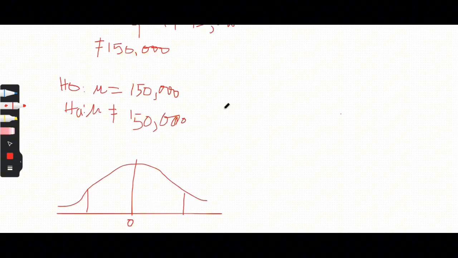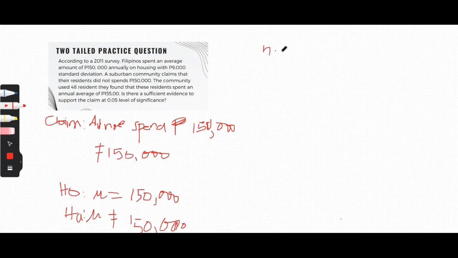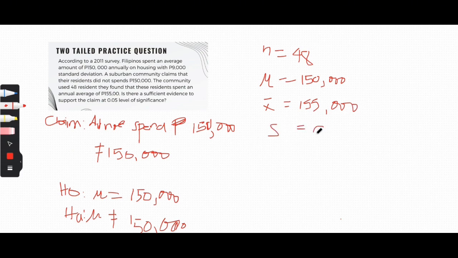Our sample size n is equal to 48, our population mean is equal to 150,000, our sample mean is equal to 155,000, while our standard deviation is equal to 9,000.